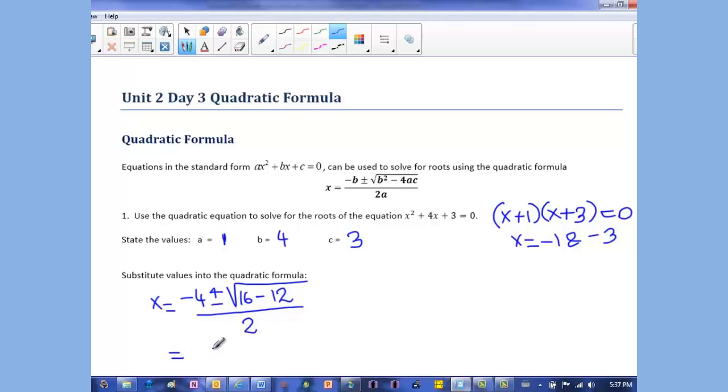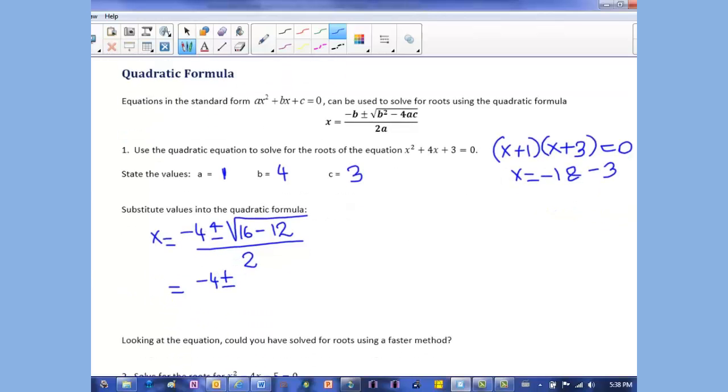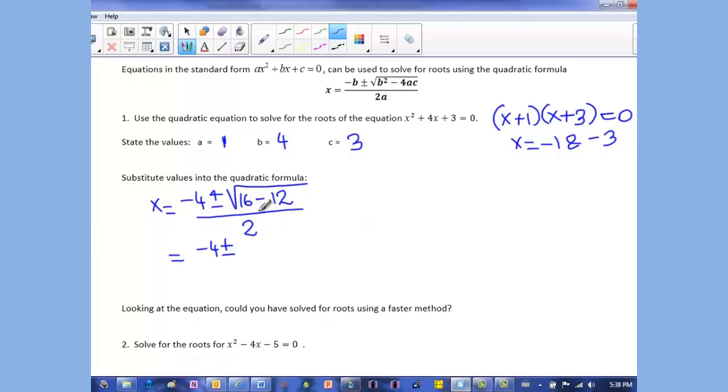So, continuing, we have negative 4 plus or minus the square root of 16 minus 12. 16 minus 12 is 4, and the square root of 4 is 2, over 2. Now we can separate into a positive branch and a negative branch, meaning that the positive branch will take into consideration the plus sign between negative 4 and 2.